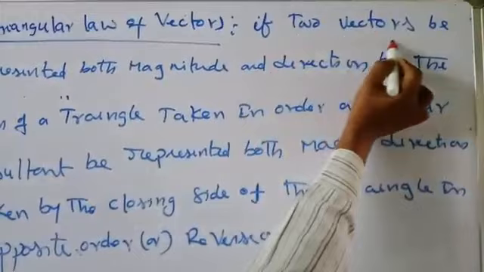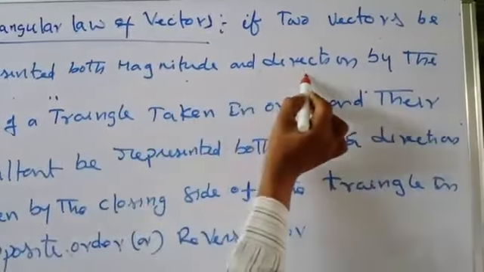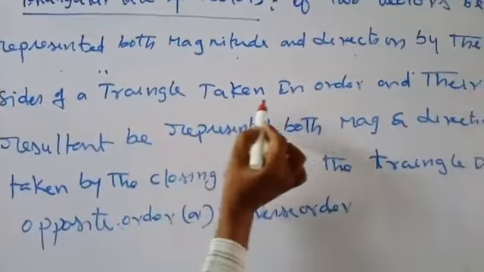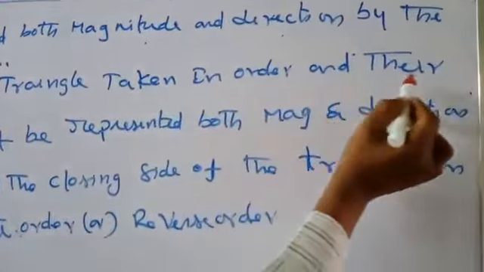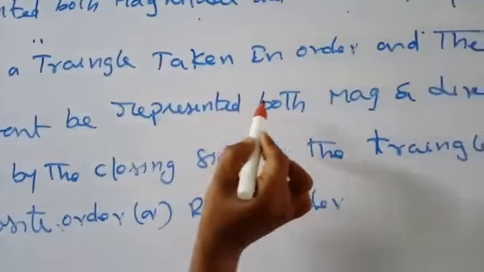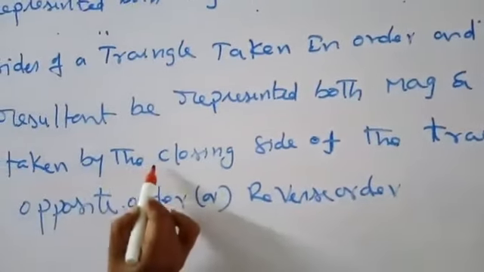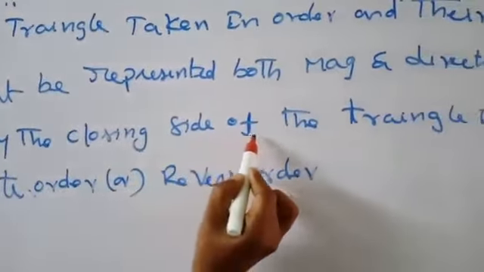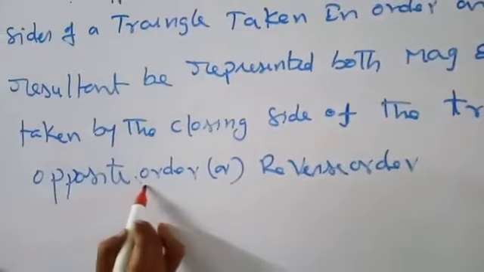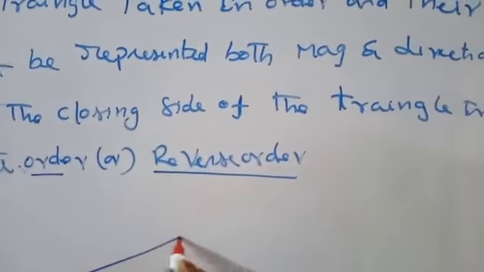Triangle law of vectors. If two vectors are represented both in magnitude and direction by the sides of a triangle taken in order, then their resultant is represented both in magnitude and direction by the closing side of the triangle taken in opposite order or reverse order.